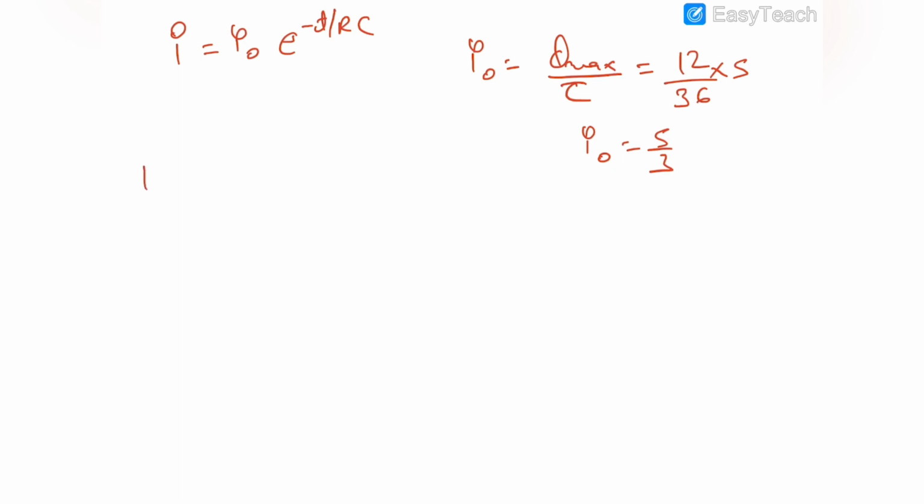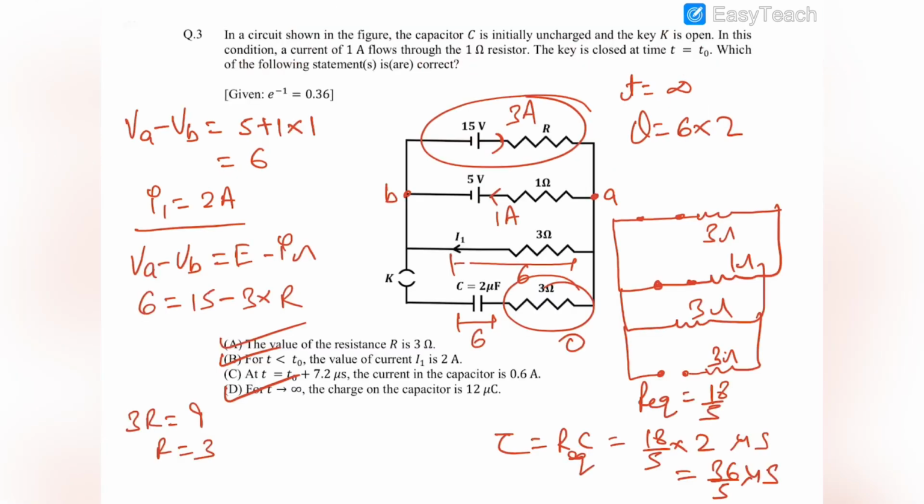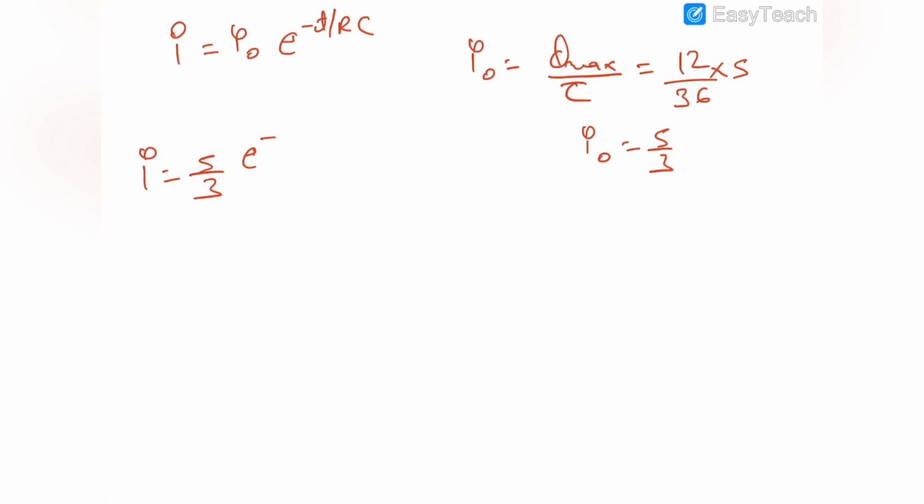So we can say that I will be equal to 5 by 3 e to the power minus t, which is time. So we can see that the time would be 7.2 microseconds. So this is 7.2 divided by RC. So RC is also equal to 7.2. Time constant is equal to 36 by 5. So 36 by 5 is 7.2.